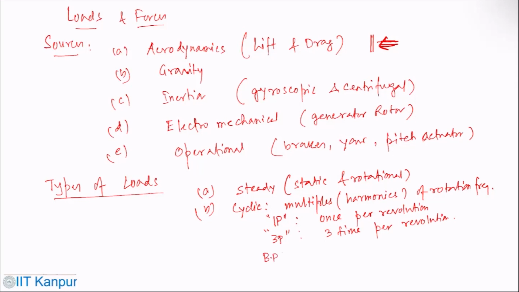that means B times per revolution. And B here is the number of blades.